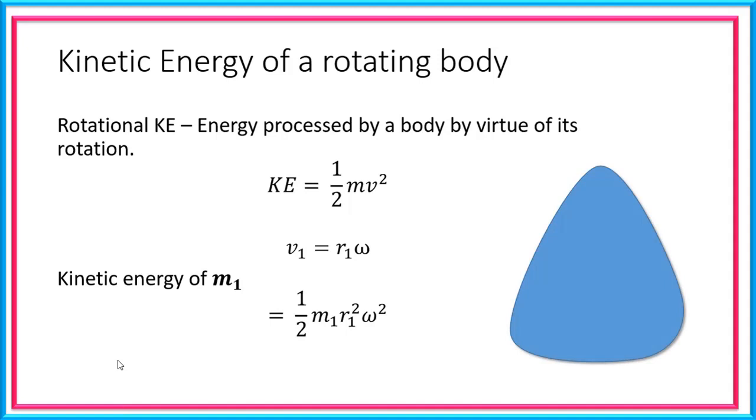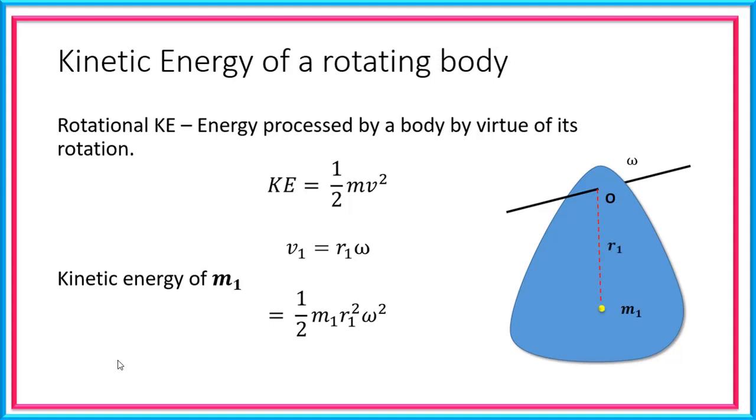Consider a rigid body rotating about an axis through a point O, and its rotational velocity, that is angular velocity, is omega.